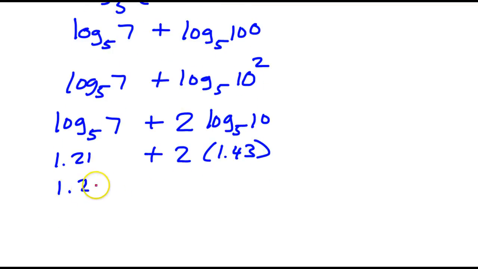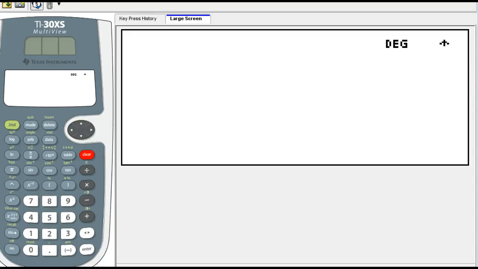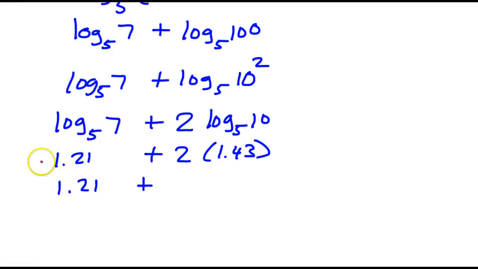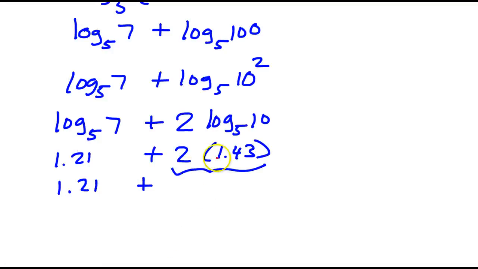I wish I had my trusty TI-30XS Multiview, because if I did, I could just type this whole thing in. But I don't, so I'm going to do it in 2 steps. Well, I do, but I'm pretending that this is a four-function bootleg calculator. So I'm going to do 2 times 1.43 first. 2 times 1.43 is 2.86.